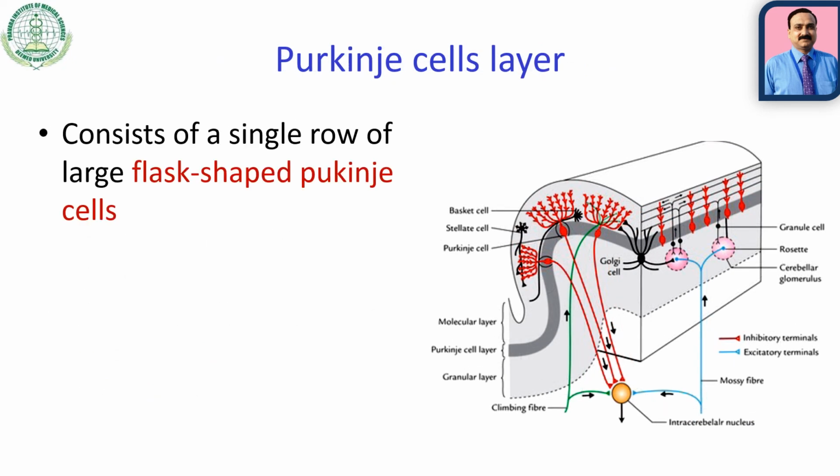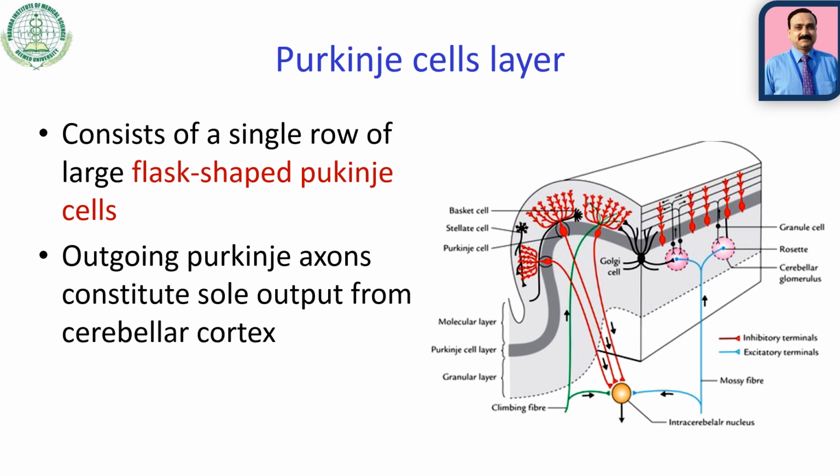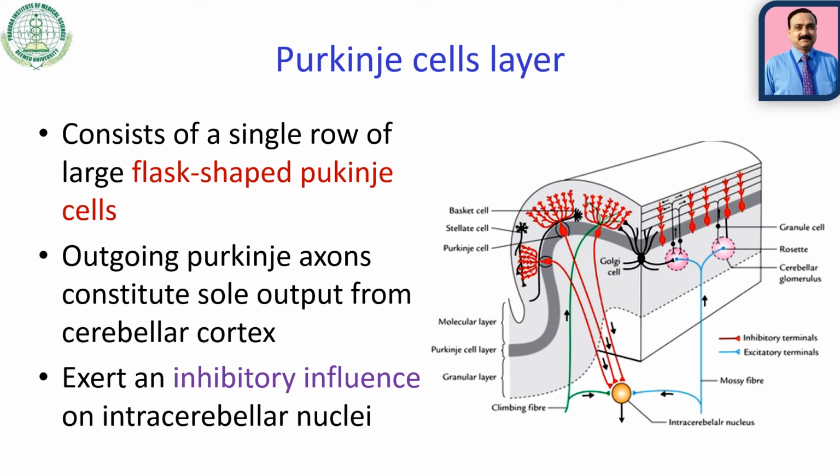Second layer is Purkinje cell layer. It consists of only a single row of flask shaped Purkinje cells, and that too only their body. Dendrites are present in the outer molecular layer and axons are present in the deep granular cell layer. The outgoing Purkinje axon constitutes the sole output from the cerebellar cortex.